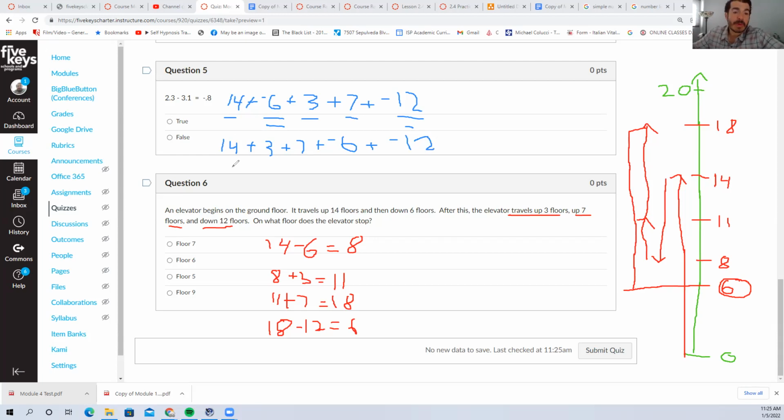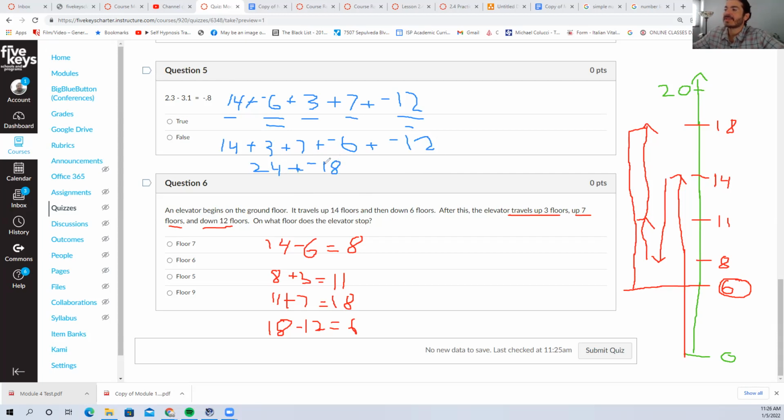And now I'm going to add up all my positives and add up all my negatives. I'm going to do the party thing, right? So 14 plus 3 plus 7 is 24. Six and 12, here's my party, 18, but it's negative because the numbers are negative.